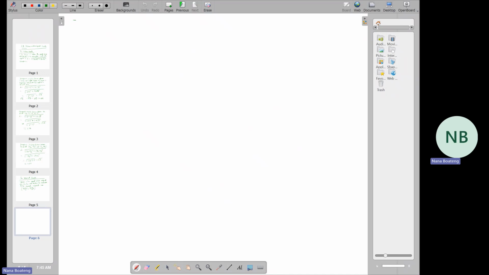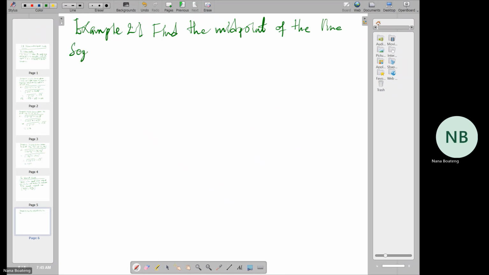All right, let's look at an example, example 2. Find the midpoint of the line segment with endpoints (1, 2) and (7, -3).